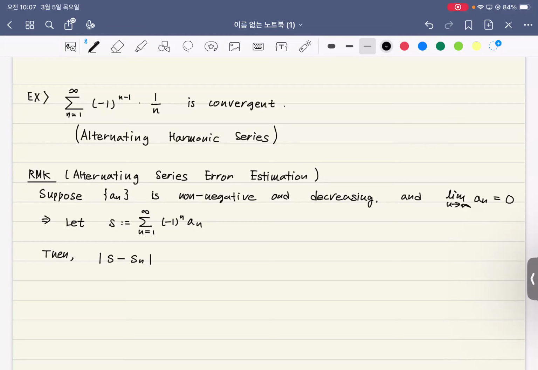So in order to find a nice approximation of this true value, we have to truncate this infinite series at some certain point, right? That is Sn, the partial sum sequence. So this is the true value, and this is our approximation. And if we can find a reasonably nice upper bound of this guy, then that is going to give us the error estimation of our approximation. The difference between the true value and our approximation should be the error bound. 오차의 한계를 우리가 알 수가 있겠죠.